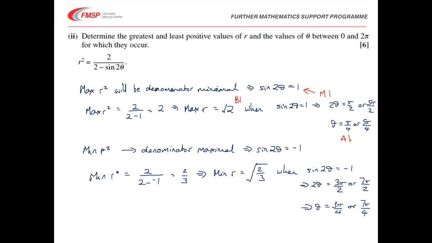You'll get A0 if you put any extra ones in that shouldn't be there within the range. They will probably ignore extra values which are outside the range. And similarly for the minimum value, there's a mark for identifying the minimum value, a mark for attempting to solve this equation, and an accuracy mark for getting both the angles.